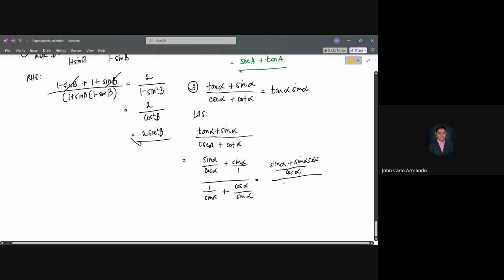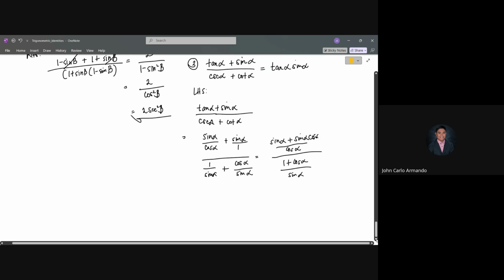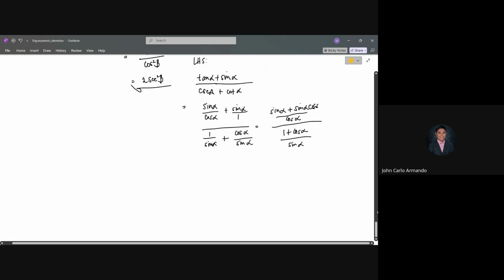Then for this one, we simply copy 1 plus cosine alpha divided by sine alpha, because we have a common denominator. And then that becomes sine alpha plus sine alpha cos alpha divided by cos alpha times, get the reciprocal of this. Okay, sine alpha divided by 1 plus cos alpha.